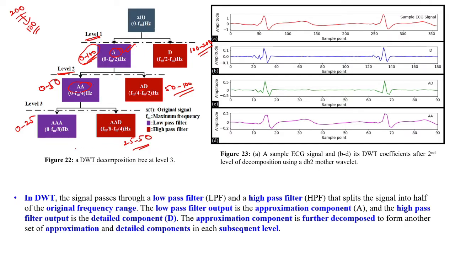So again you can go for level 4, level 5, level 6 decomposition. Okay, now what are the things you can get? These terminal values are called discrete wavelet transform coefficients.